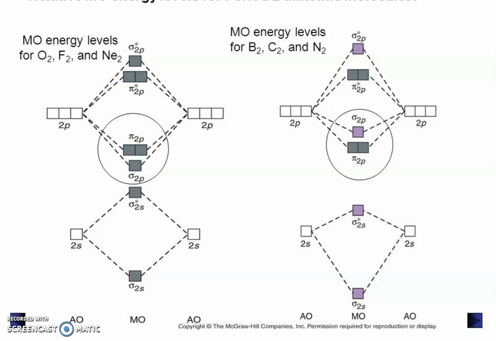Now the relative molecular orbital energy levels for period 2 diatomic molecules. Molecular orbital levels of O2, F2 and Ne2: you can see sigma 2p has less energy than pi 2p. Molecular orbital energy levels of B2, C2 and N2: pi 2p has less energy than sigma 2p.